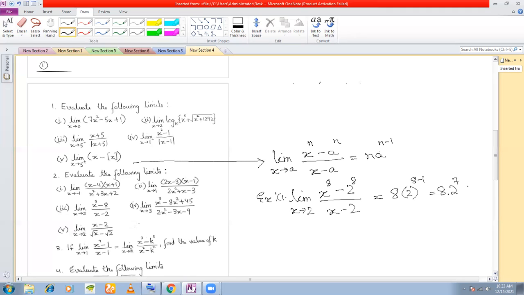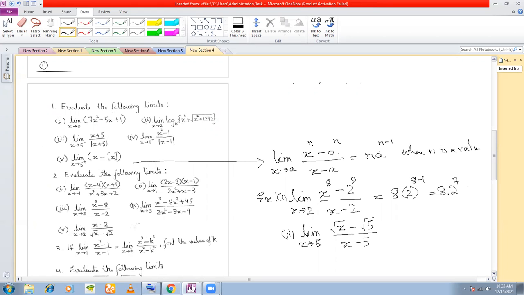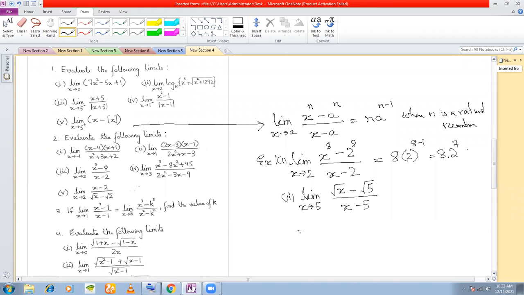Suppose you have limit x tends to 5 of root x minus root 5 by x minus 5. Then what should be the value of this limit? Where n is a rational number. Remember, it works for any rational number. So how will you evaluate this limit? This root x can be written as x to the power of half, and root 5 can be written as 5 to the power of half, over x minus 5.